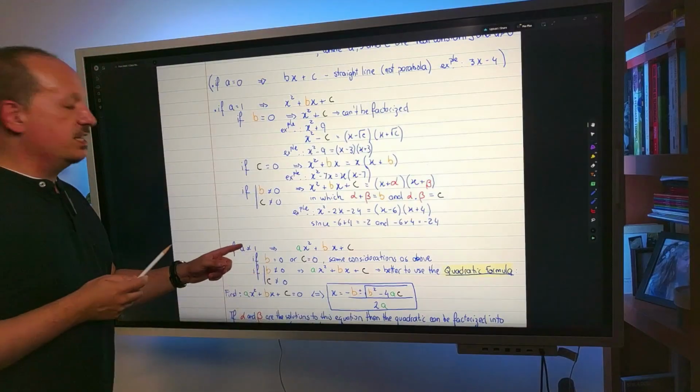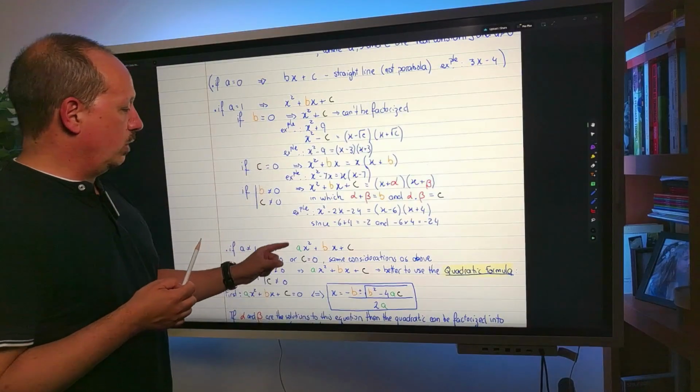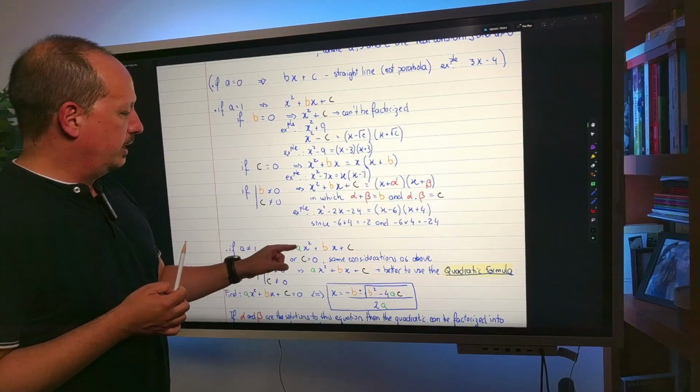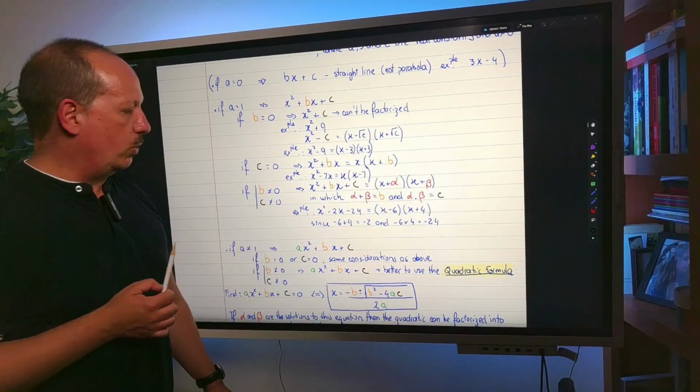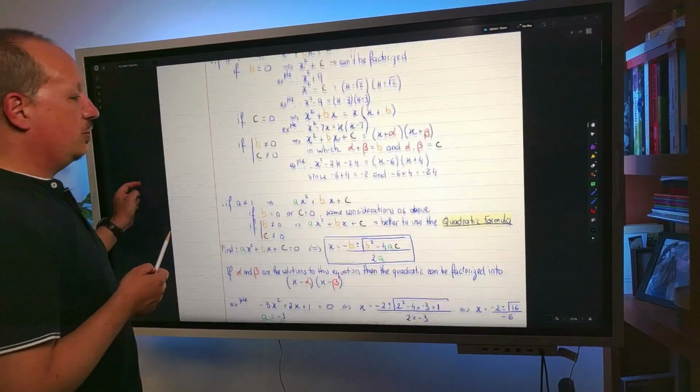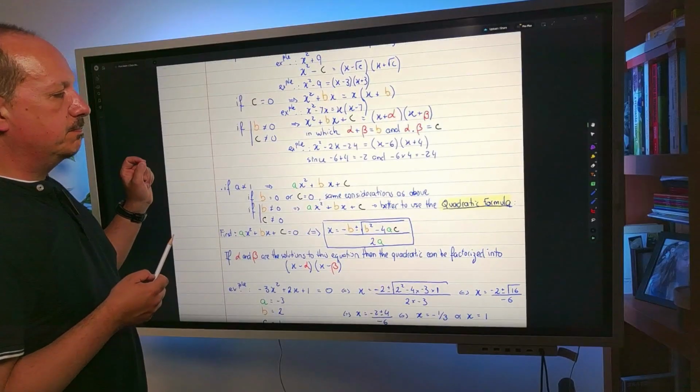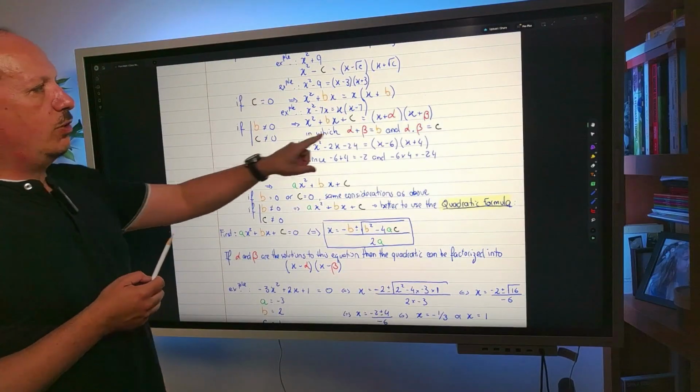It's just a matter of practicing with enough exercises. What if a is not 1? In other words, what if you have a coefficient that is not 1 on the term with x squared? Then my advice to you is still try to do something like this.